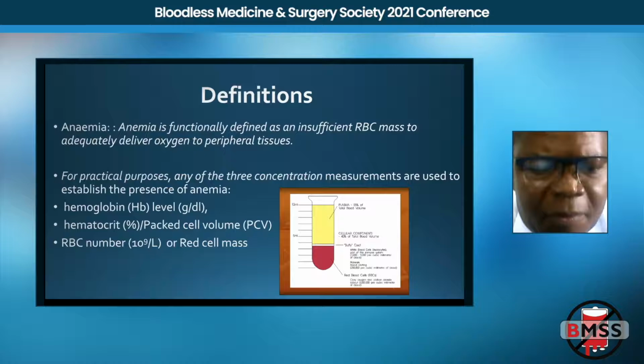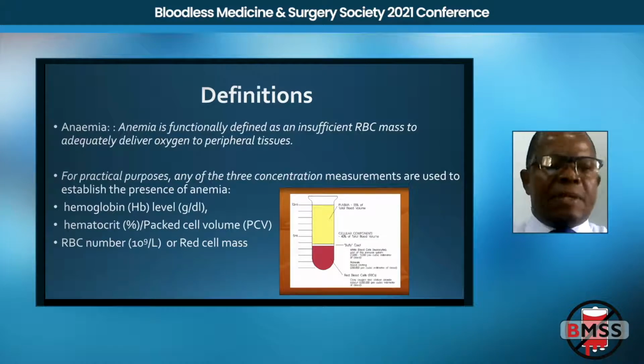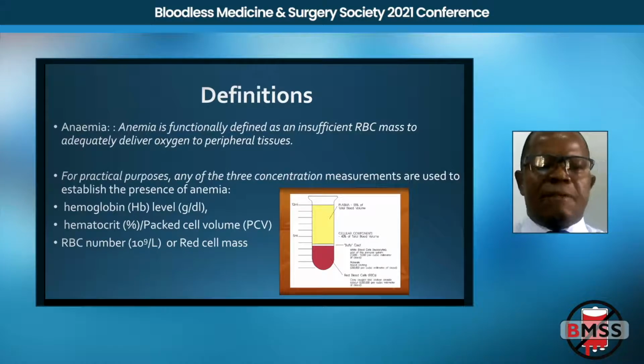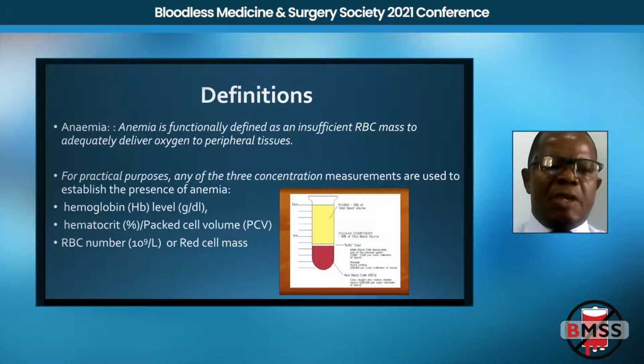My definitions. Anemia could be defined functionally as insufficient red blood mass to adequately deliver oxygen to the peripheral tissues. For the measurement of anemia, hemoglobin level in grams per deciliter is usually acceptable.